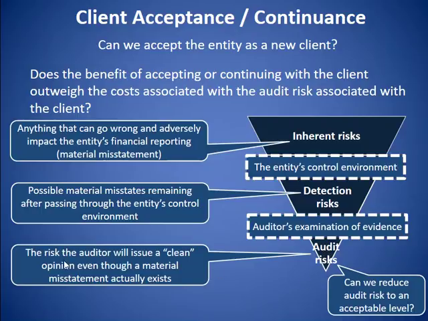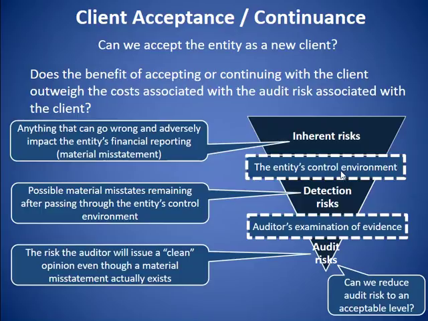And I say here, the risk that the auditor will issue a clean opinion even though a material misstatement actually exists in the financial records. And the question, when we're looking at a new client, is this entire process: inherent risk, detection risk, the entity's control environment that helps eliminate the risks.